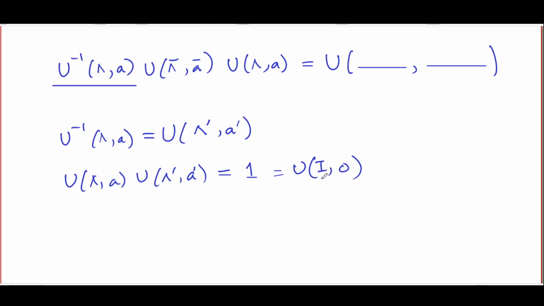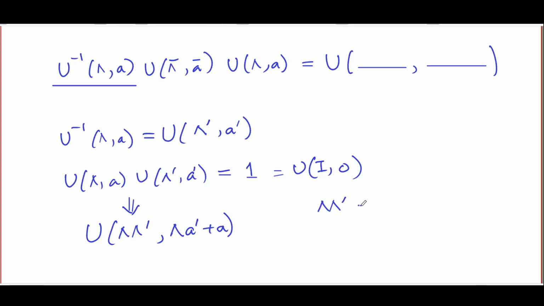No translation and the identity transformation for the Lorentz transformation. Now, if you use the product rule for Poincare transformations that we worked out, this side is actually U of lambda lambda prime, lambda A prime plus A. And this, as we have said, must be U of I comma 0.